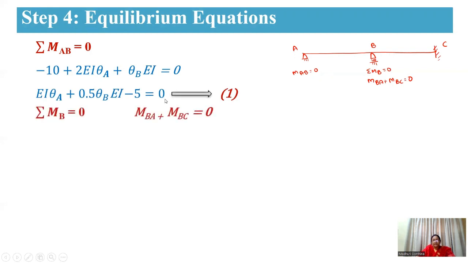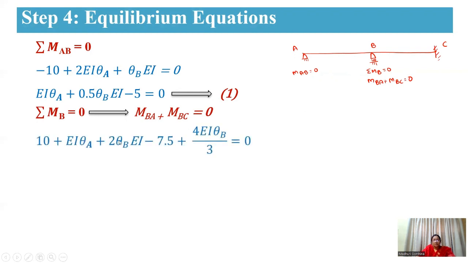And similarly, the moment at joint B will be equal to 0, summation. So that means MBA plus MBC will be equal to 0. Therefore, this is 10 plus EI into (theta A plus 2 theta B) into EI, minus 7.5 plus 4EI theta B by 3, will be equal to 0. By simplifying the above equation, you are going to get this second equation.